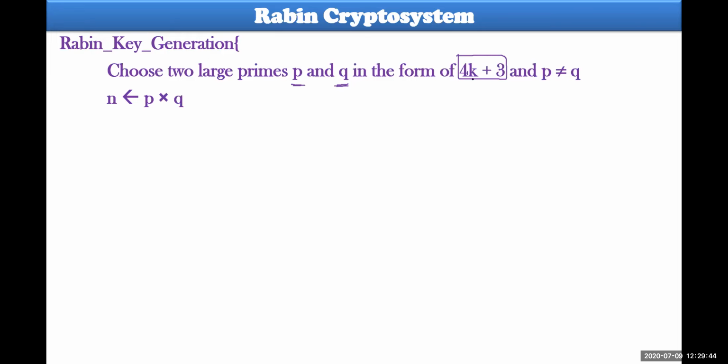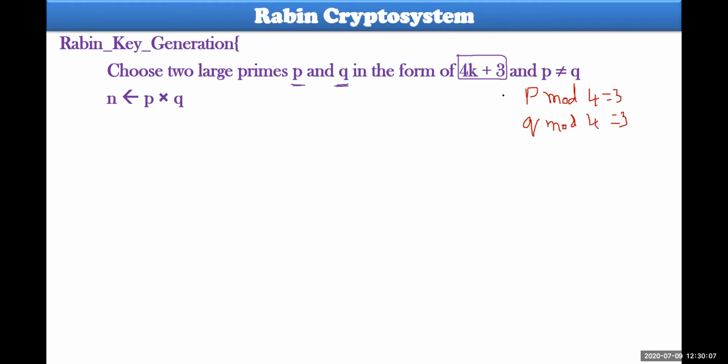I have already explained what 4K plus 3 means. So P modulo 4 must be equal to 3, and Q modulo 4 must be equal to 3.